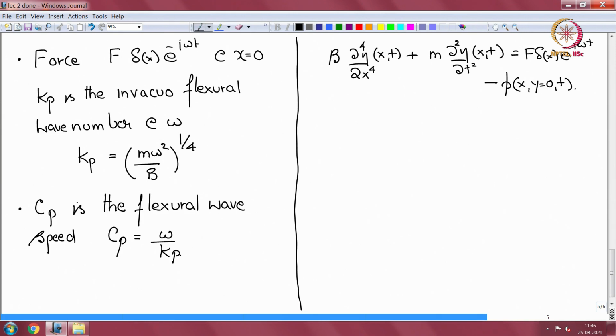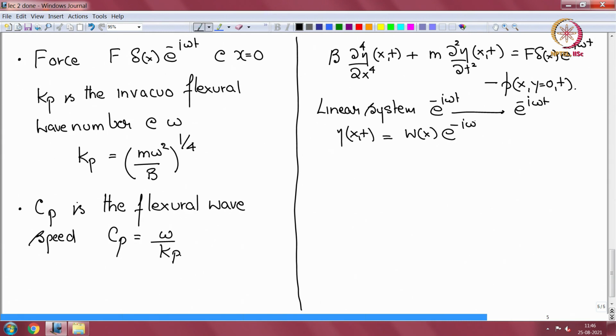Okay, now it's a linear system. So driven at e to the power of minus I omega t, the response will be at e to the power of minus I omega t. Okay, so eta of x comma t, I will take it as some w of x e to the power of minus I omega t.